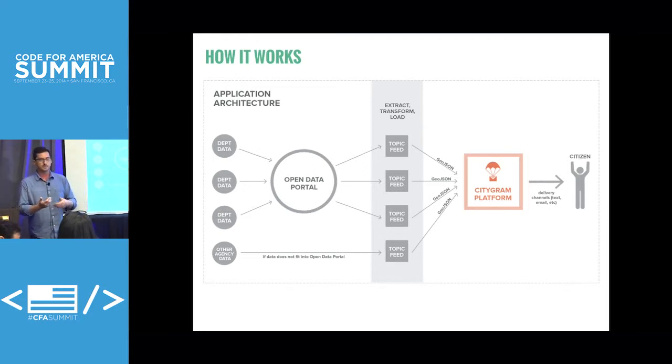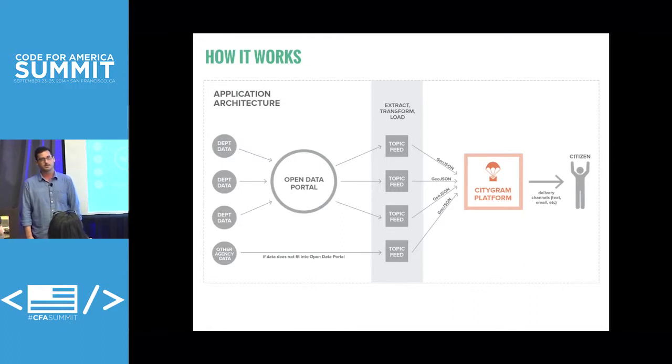And we found it pretty useful for Citygram because it does everything we need. We'll see how we built these out, but Citygram just knows about GeoJSON, and it just knows a URL where it can go get new data, and that's it.